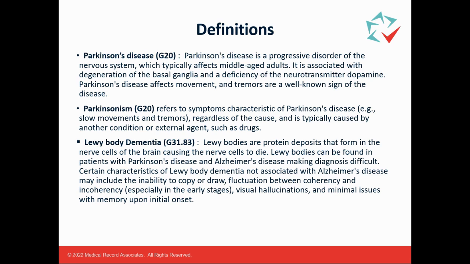Lewy bodies can be found in patients with Parkinson's disease and Alzheimer's disease, making diagnosis difficult. Certain characteristics of Lewy body dementia not associated with Alzheimer's disease may include the inability to copy or draw, fluctuation between coherency and incoherency, especially in the early stages, visual hallucinations, and minimal issues with memory upon initial onset.